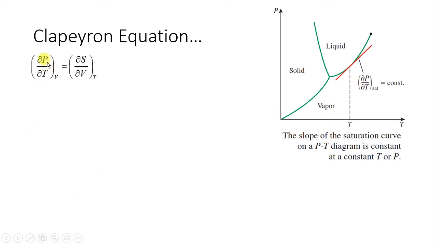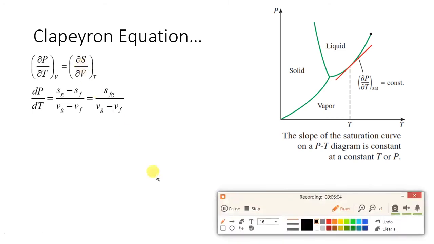Again we have taken that Maxwell relation, and we have already discussed that this dou P by dou T will become dP by dT, the total derivative. Why? Because during phase change, Psat is a function of Tsat only. So I can write dP by dT is equal to the change in entropy over the change in volume. From where is entropy changing? We have liquid, denoted by f, and gas, denoted by g.